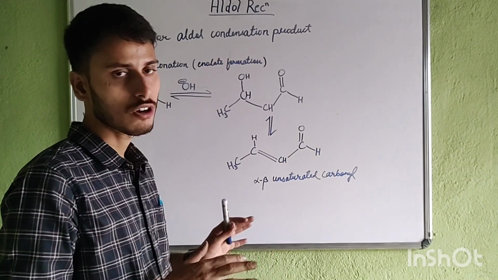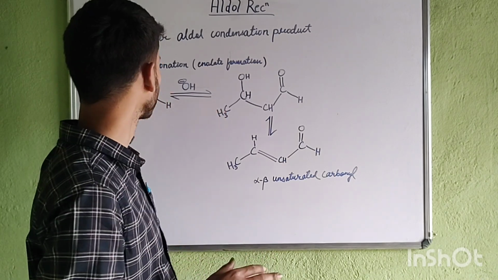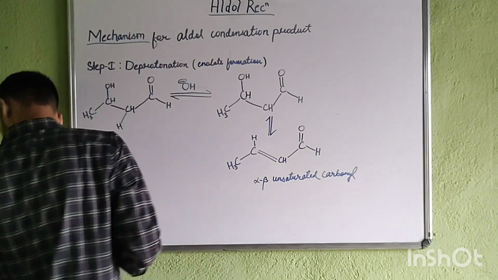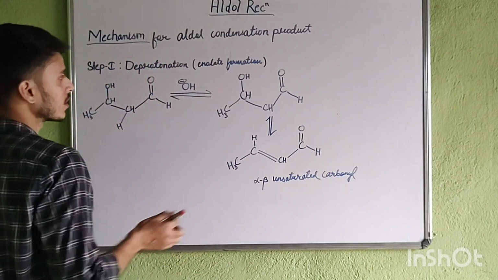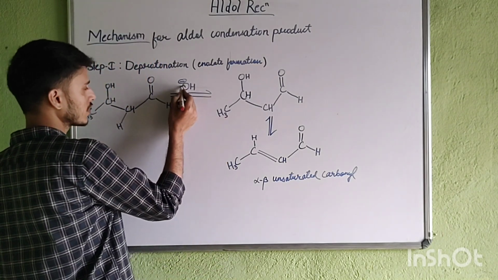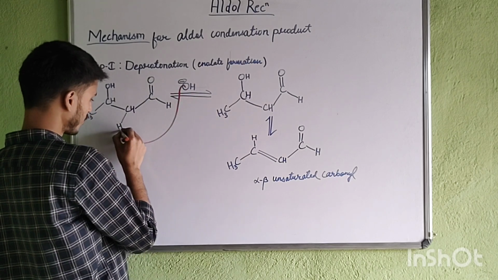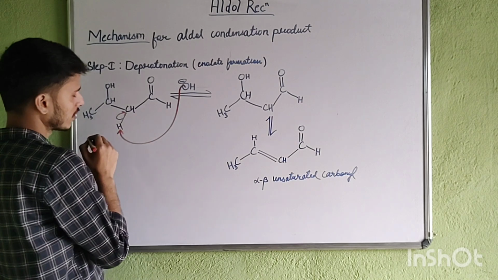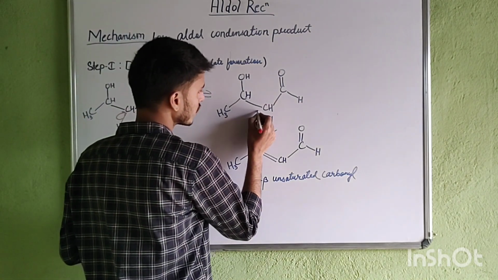So the mechanism for this aldol condensation product can be divided into two steps. The first step is deprotonation, that is enolate formation. This OH will go and extract this hydrogen, then this will move here. We will have this.